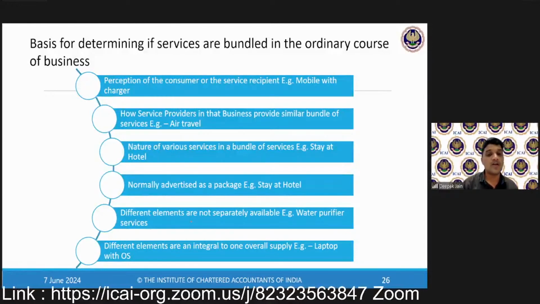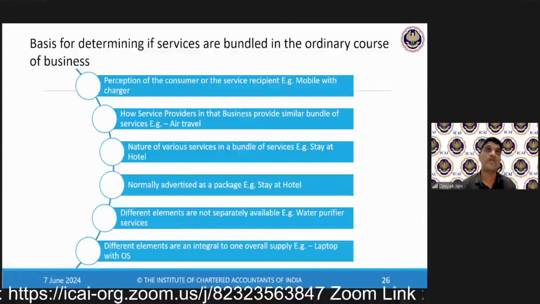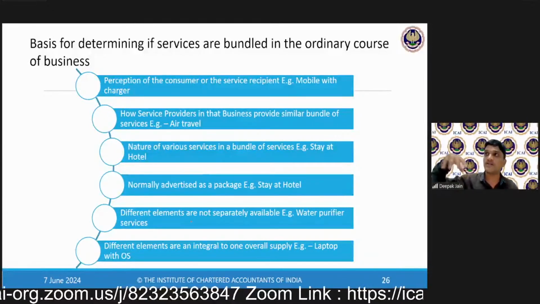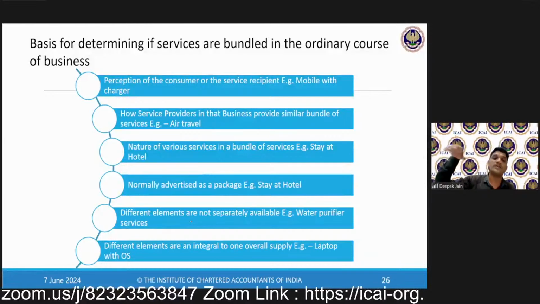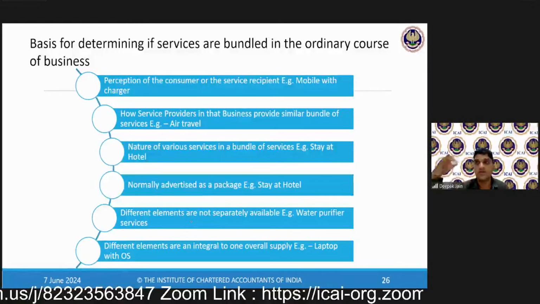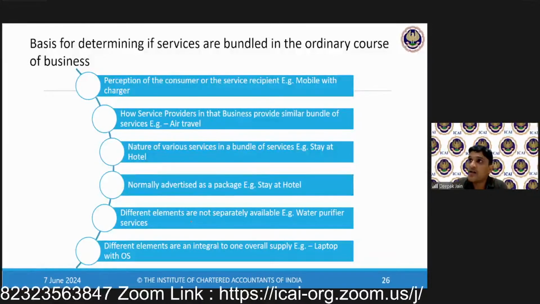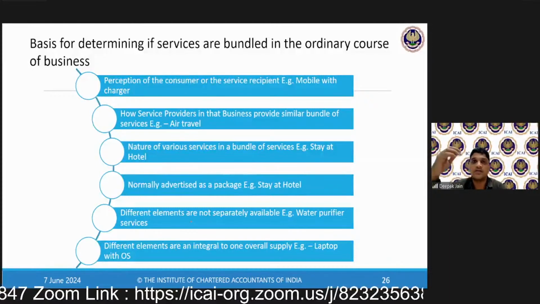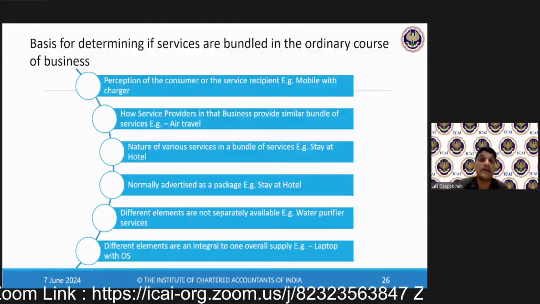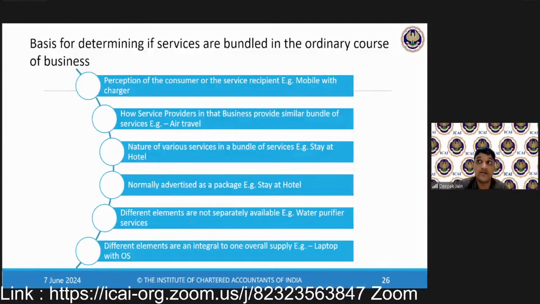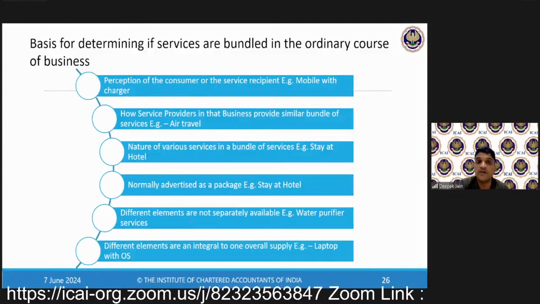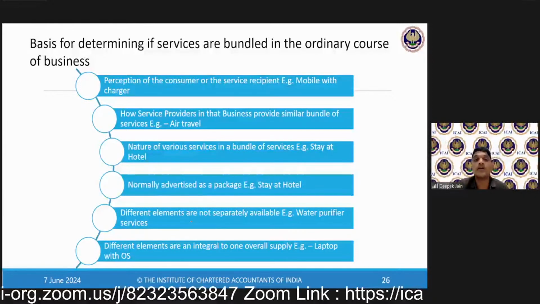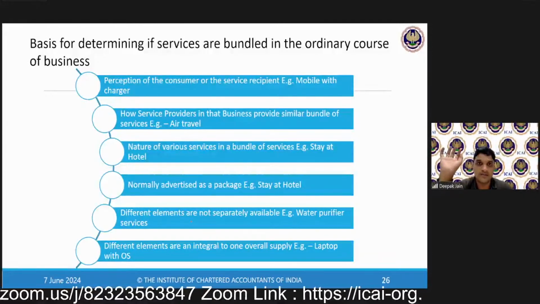Different elements are not separately available. When you're going for water purifier service and you tell him to come and do the service, he will do the service and he will bring the spare parts also. So you're primarily asking him for water purifier service. In the process, he will replace the parts. You don't have to buy them separately and give them to him. Water purifier repair falls under this, though not all repairs fall under this example.